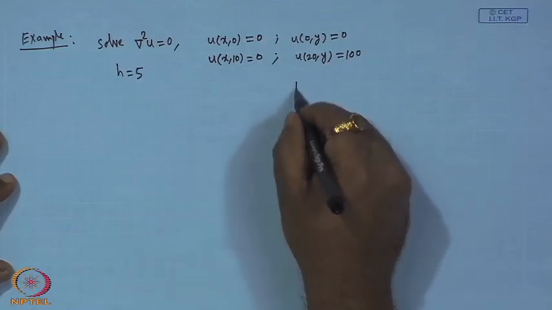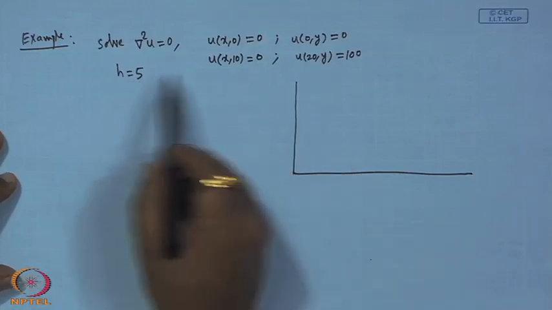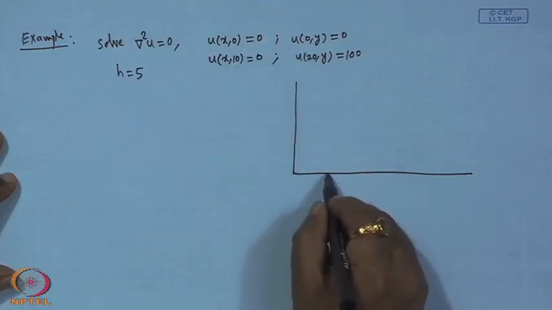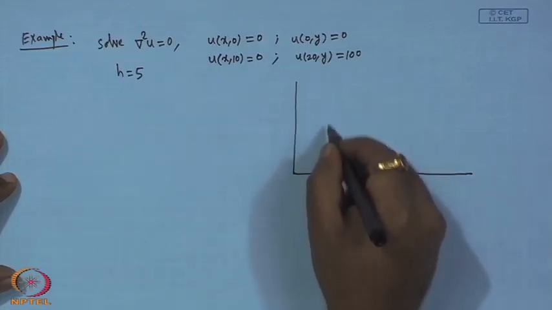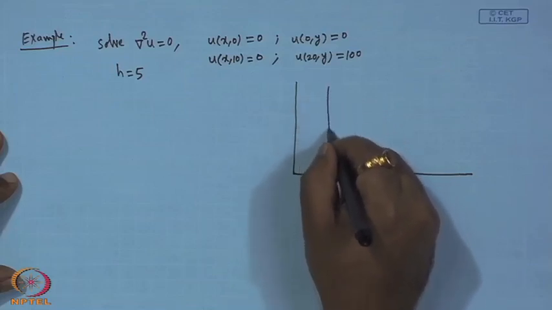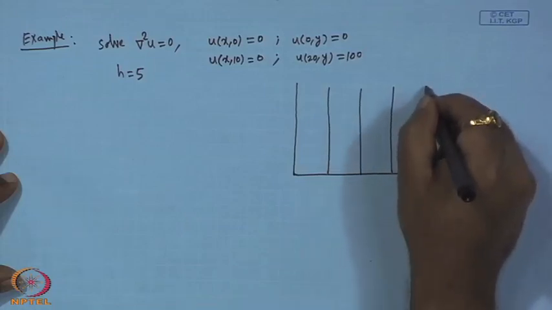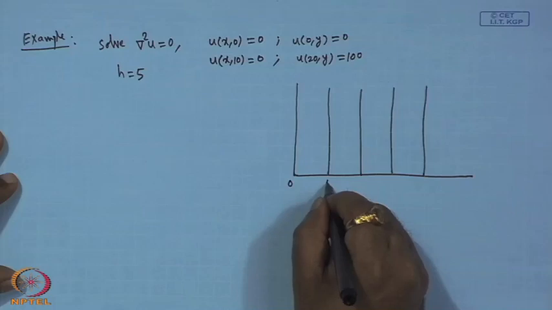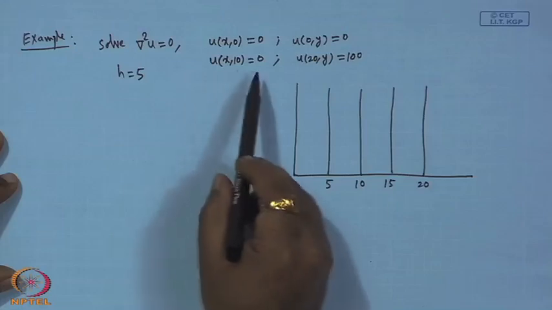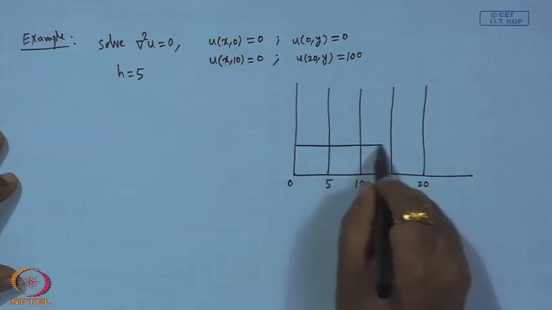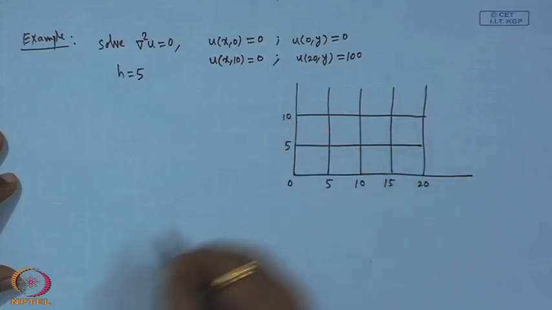So, let us see the grid first. The boundary x extends from 0 to 20 and h is 5, so 0, 5, 10, 15, 20, and y is going from 0 to 10. So, this is our grid.